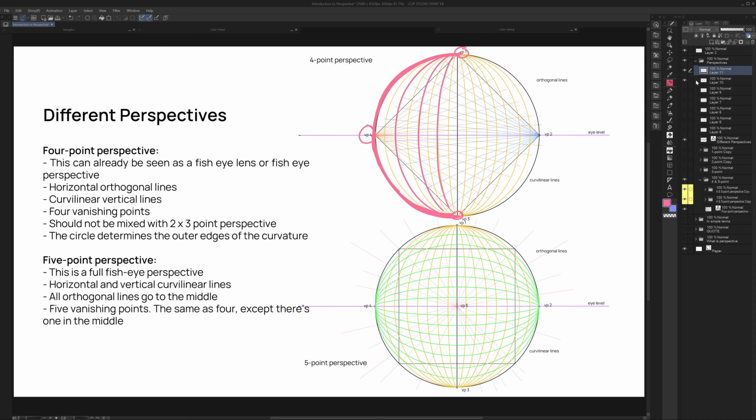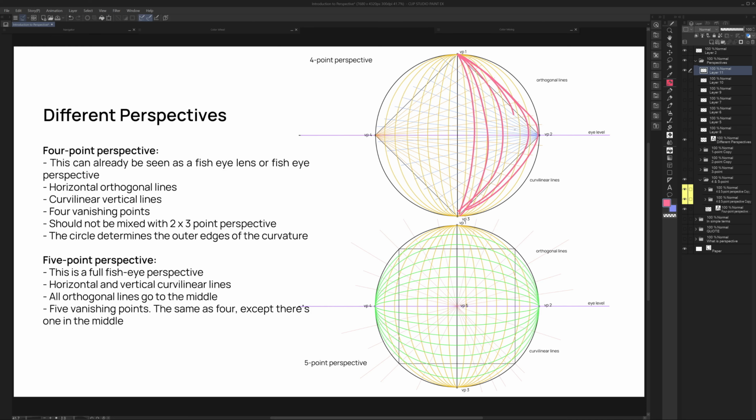Because in some videos you can see that people are drawing them like this. Like this would be the curvature. Except it doesn't work like that. This circle here is the one that determines the angle.